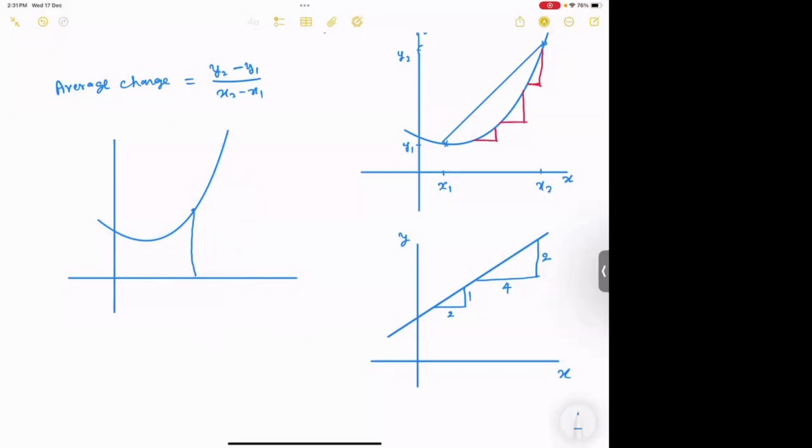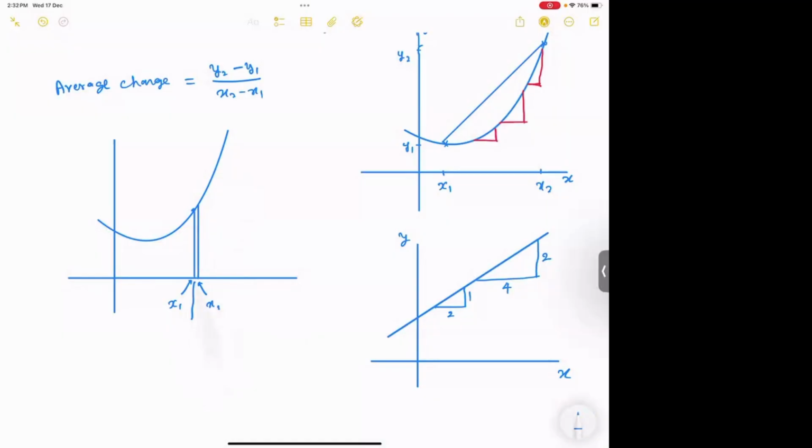I'm just taking this point as x1. And I'm taking a point which is very close to it, x2.